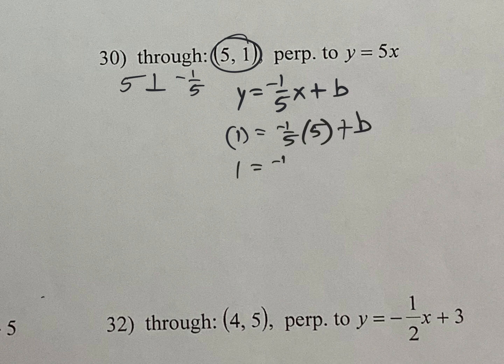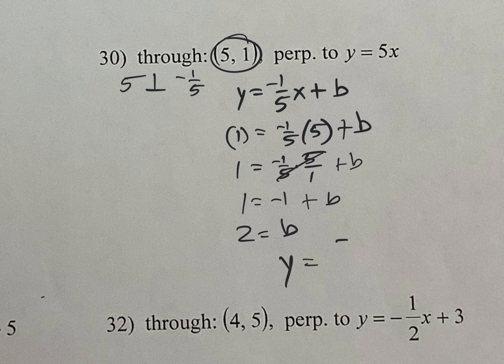So 1 equals -1/5 times 5/1. Again, reducing diagonally, 5/5 is 1/1. So 1 equals -1 plus b. Add 1, and b is 2. And rewrite the equation. Y equals -1/5 x plus 2.